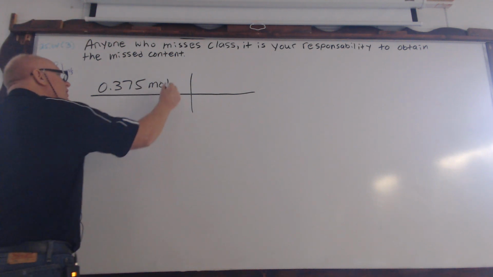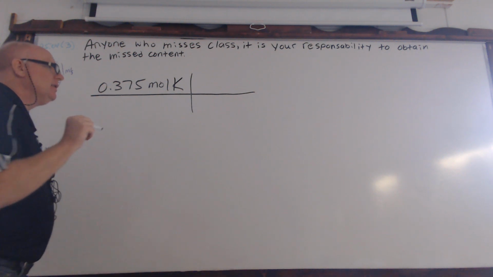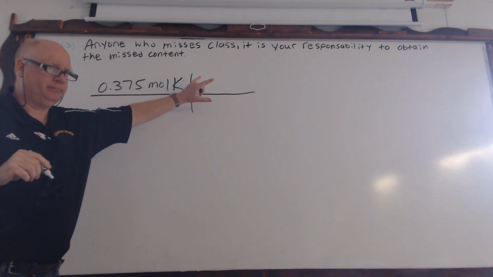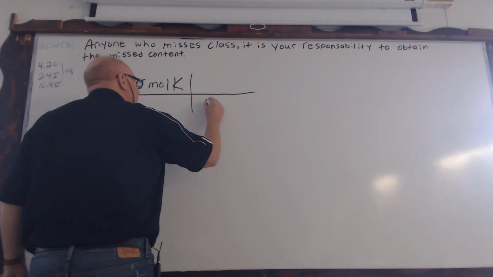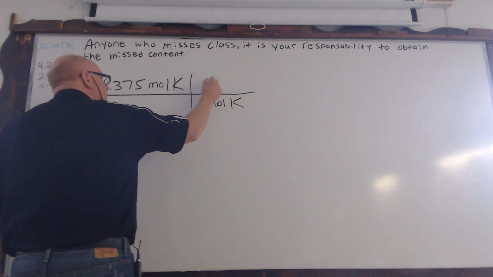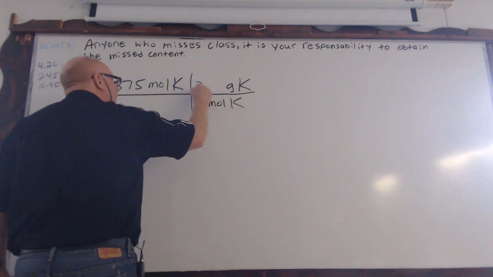So moles of potassium, how do we get that to cancel out in our second step? This is step 1. For every mole of potassium, you have how many grams of potassium? 39.1.